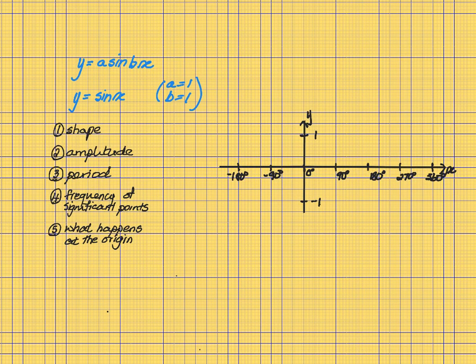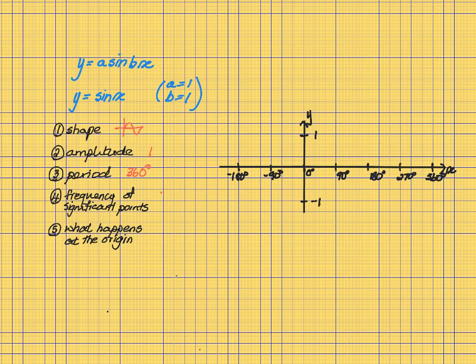You know from experience that the shape of the sine function is like that. It starts at the origin and it's the wave. You know the amplitude is 1, the period is 360 degrees, and the frequency of significant points. Now, in this case, significant points are turning points and where it crosses the x-axis, roots.